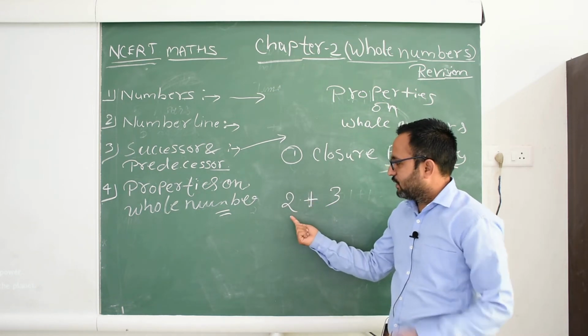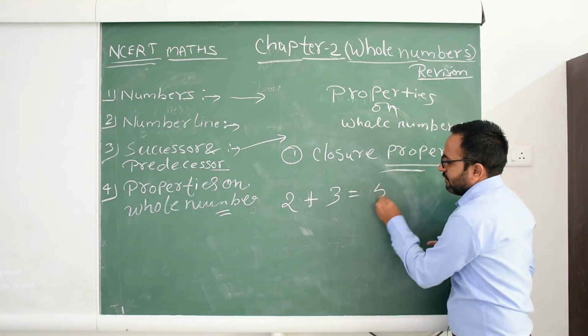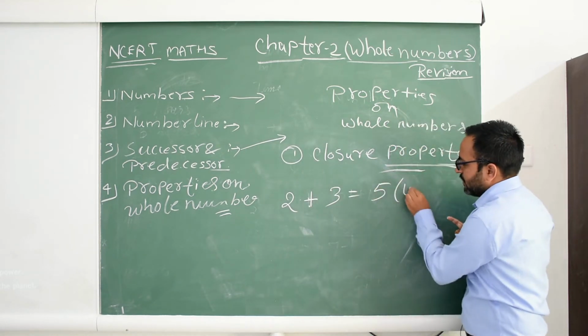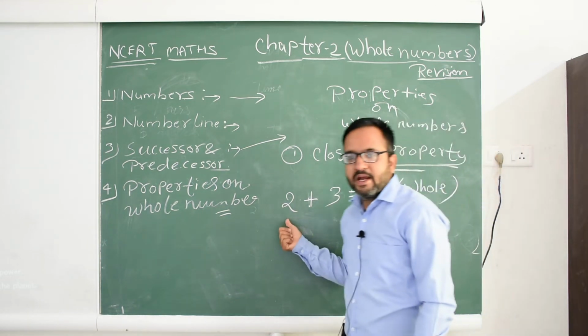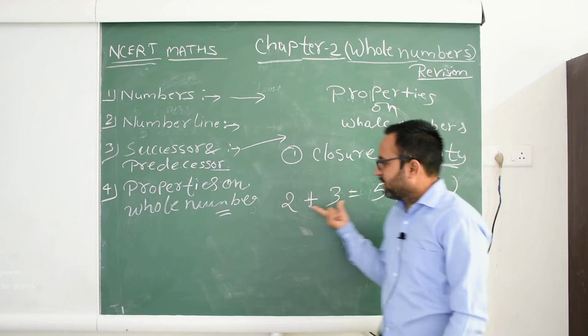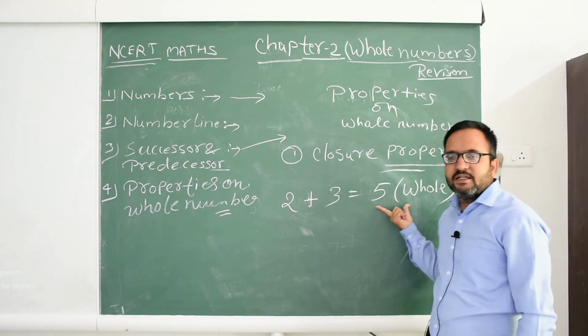If we add 2 and 3, we get 5, and 5 is another whole number. If we add any two whole numbers, we get another whole number. So addition is closed.